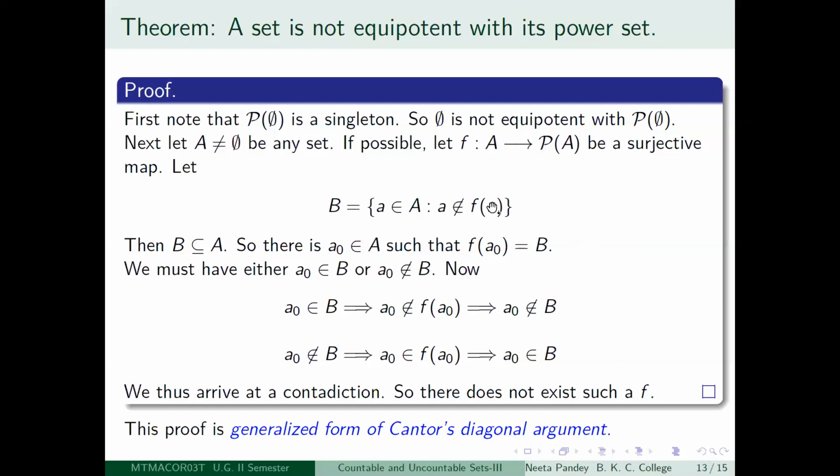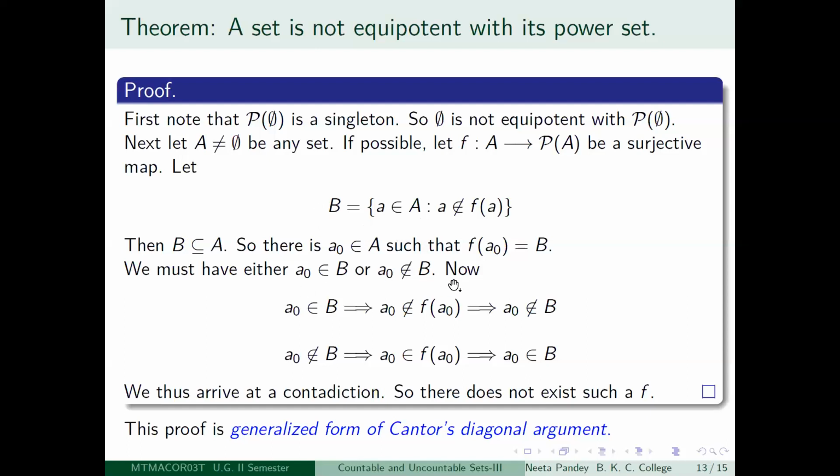Now a0 is an element of capital A, and capital B is a set that is a subset of A. So A is behaving like a universal set here. So a0, this element of capital A, will either belong to B or it will not belong to B. Because for every set, well-definedness tells you that given any element in the universal set, you should be able to tell whether it belongs to the set or it does not belong to the set.